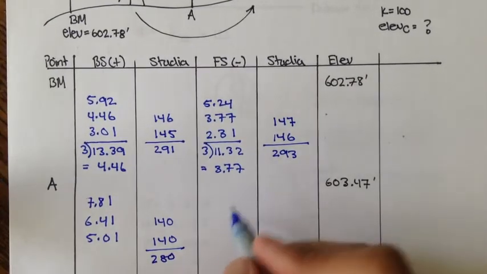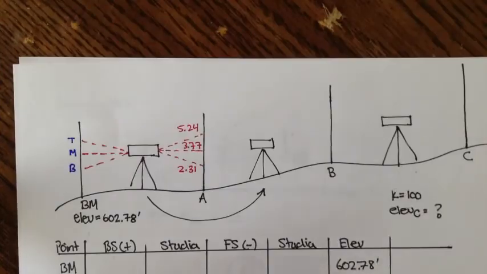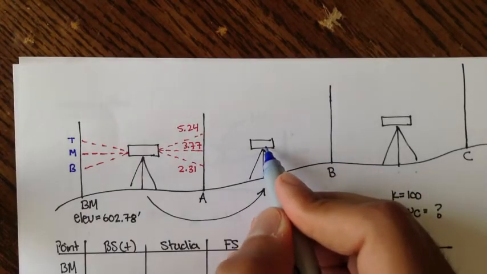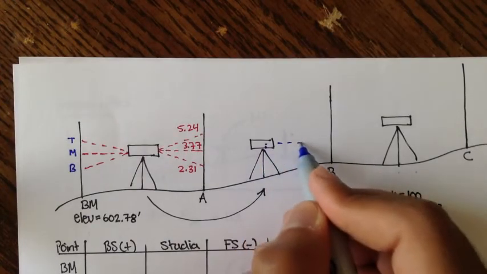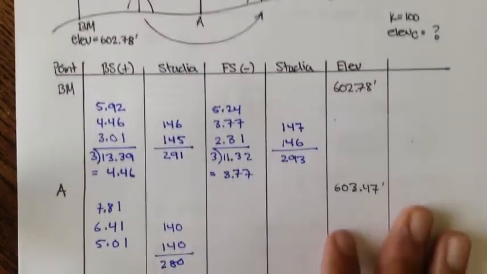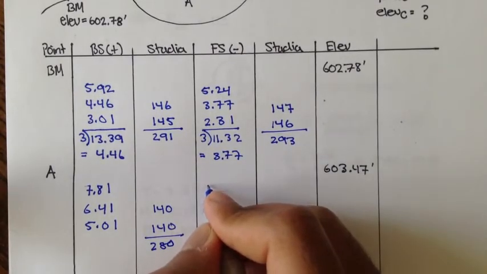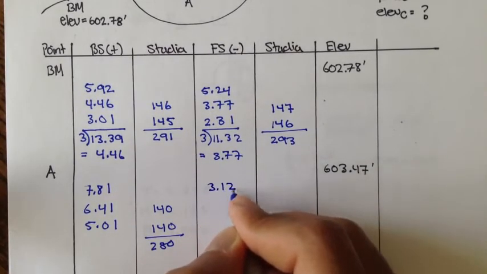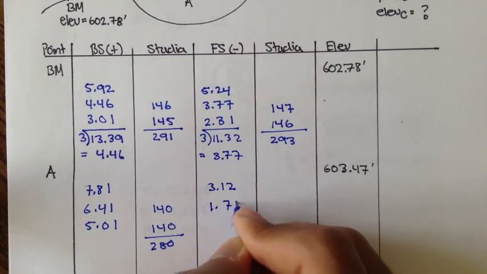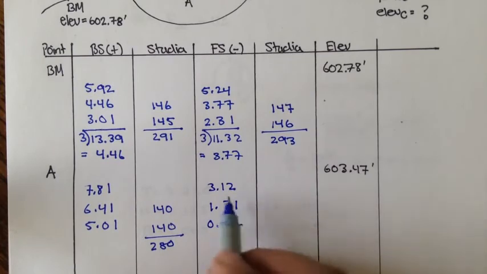Okay, for the foresight, when you sight from here to here, and you read the top, middle, and bottom, you get 3.12, 1.71, 0.32. Let's check the stadia.